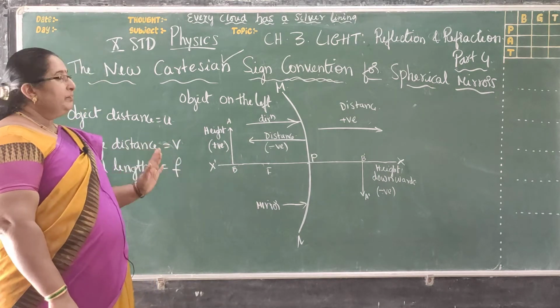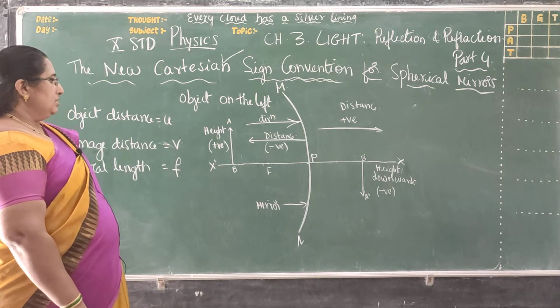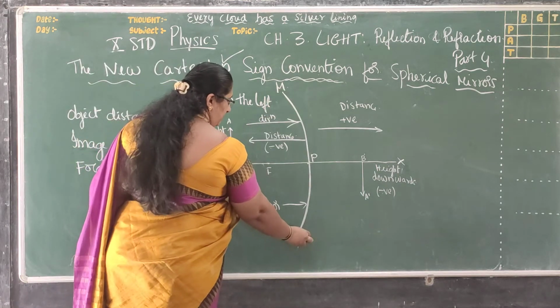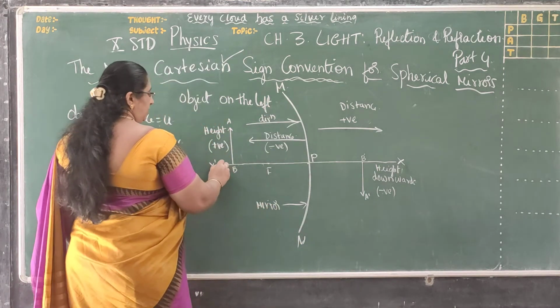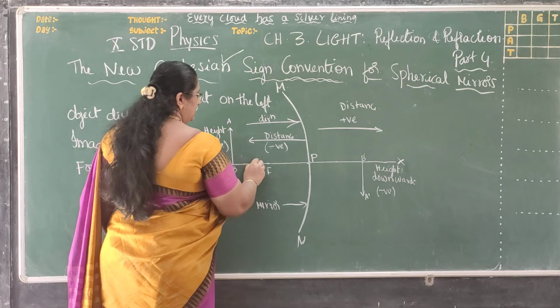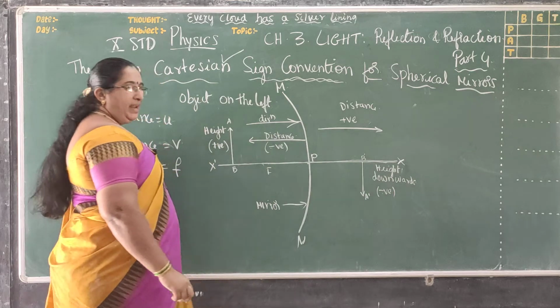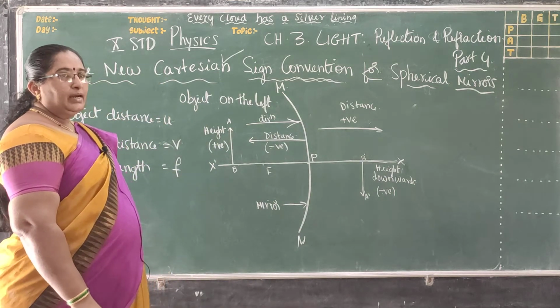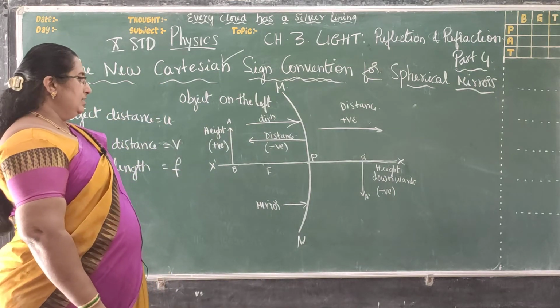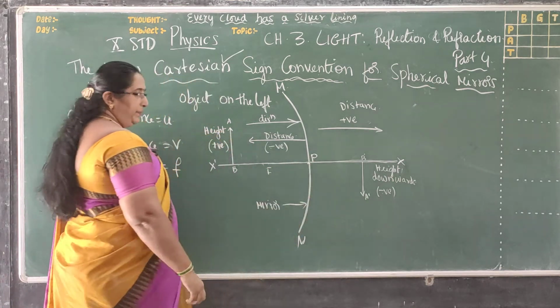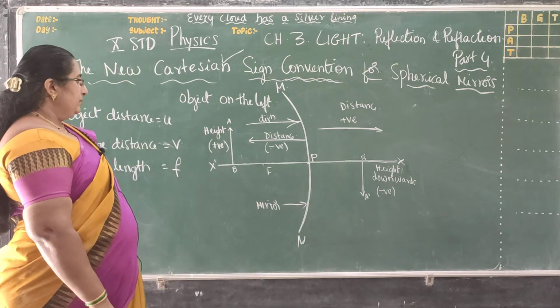So let us take MN, a spherical mirror. Here the principal axis is taken as the x-axis, XX dash, and the pole P is taken as the origin.